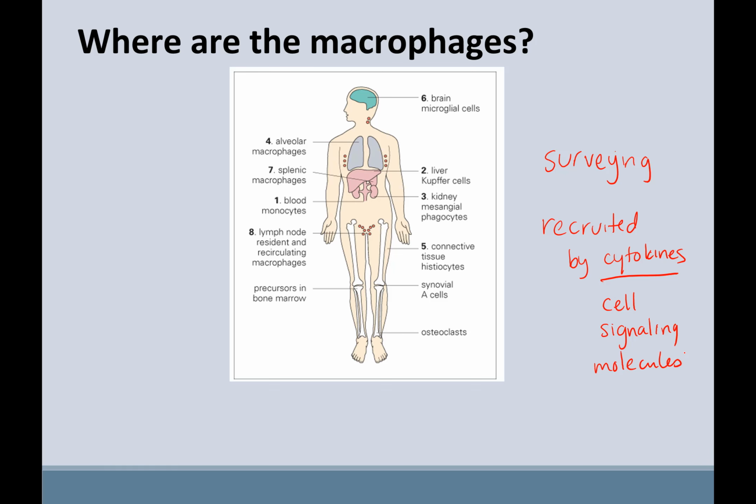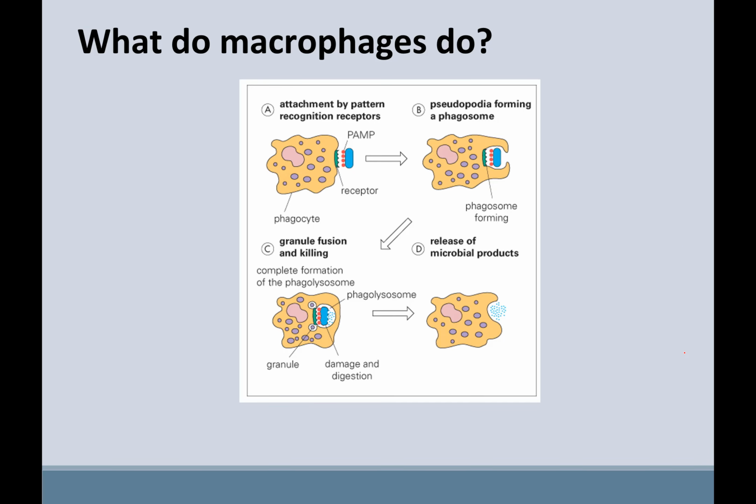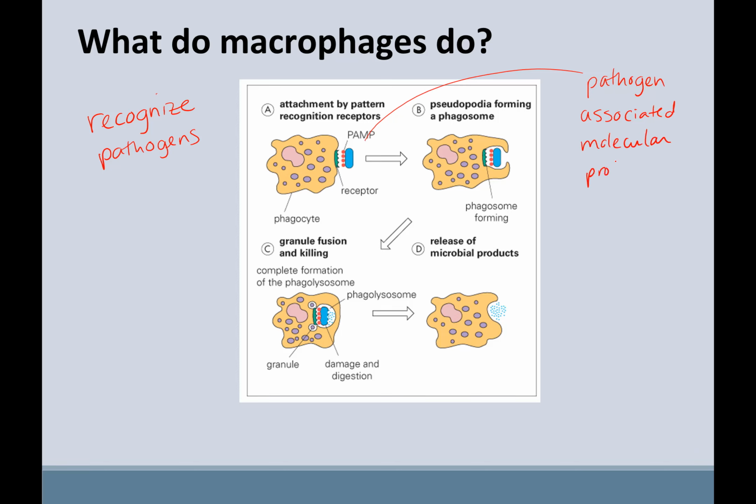So what do the macrophages do? Well, they recognize foreign objects. In this case, we're talking about pathogens. And this PAMP stands for pathogen-associated molecular proteins.